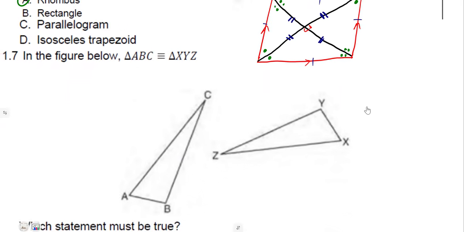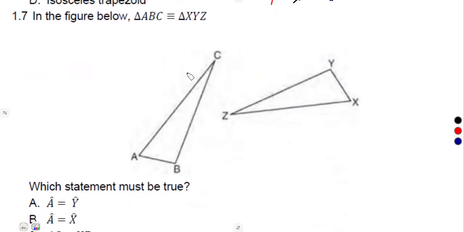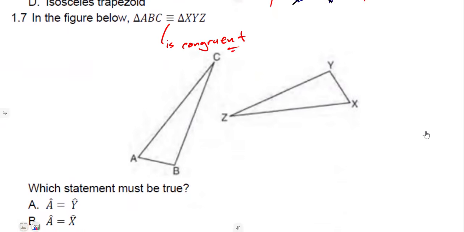So go through, guys, the properties of each and every shape as we illustrated in the introduction videos. All right, 1.7, we are given in this figure below, triangle ABC is congruent to. So is congruent. Congruent means exactly the same.